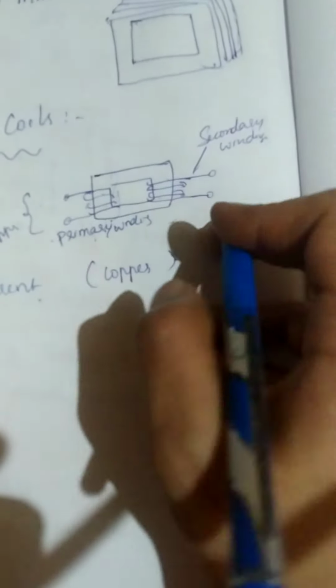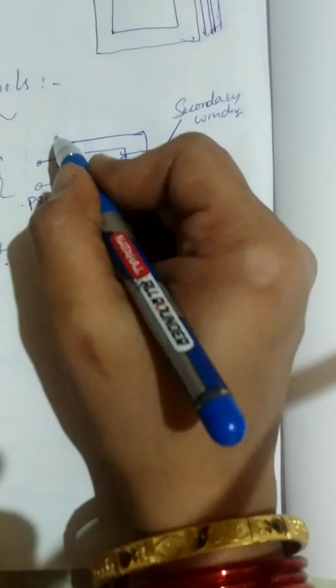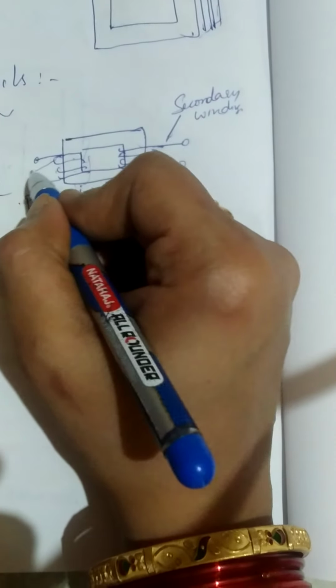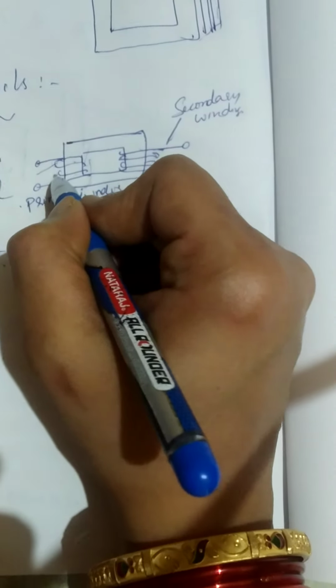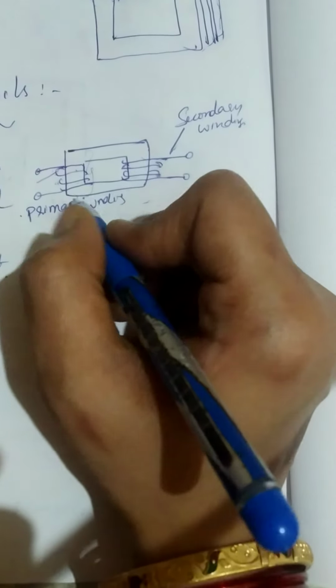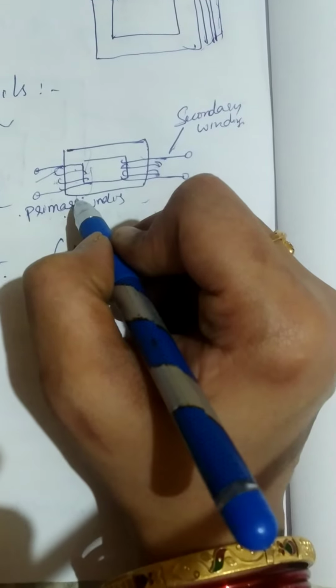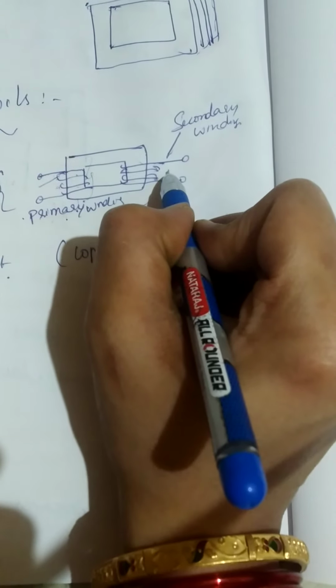Since there is a length, an area of cross section, as well as some resistivity of the material, and every material has its own resistivity, there will be some resistance at the primary as well as the secondary windings.